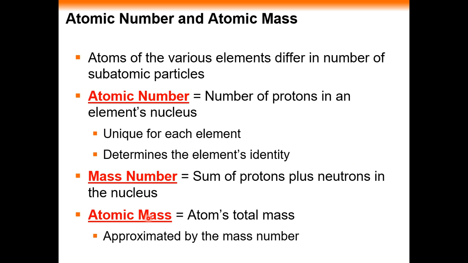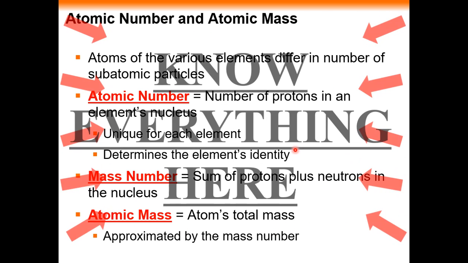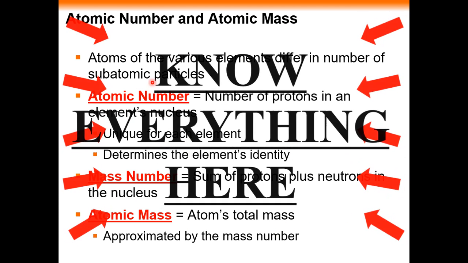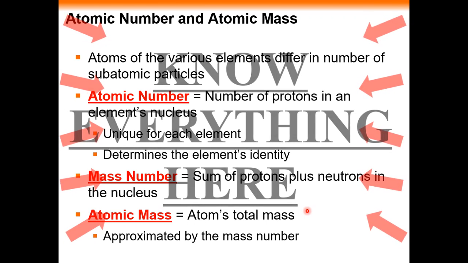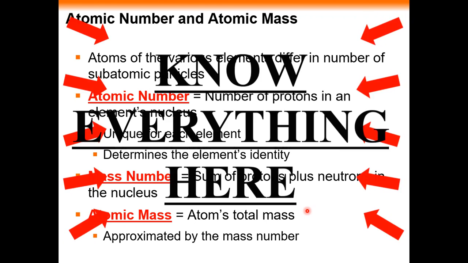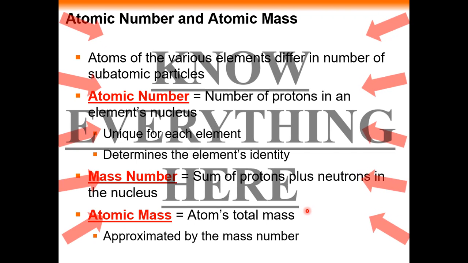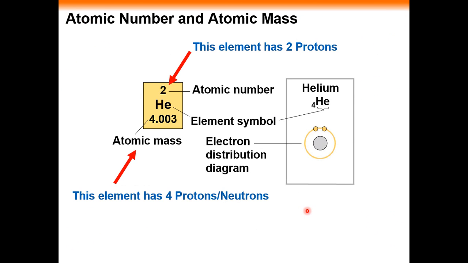Then there's the atomic mass or mass number, which are almost used synonymously, and they just tell you the number of protons and neutrons. And this is a really, really important point. You really need to know the difference between these terms because they often get confused. And some people go to the test and think, oh, atomic number tells me the number of protons and neutrons. You're going to start racking up the questions which you get wrong, and you don't want to do that.